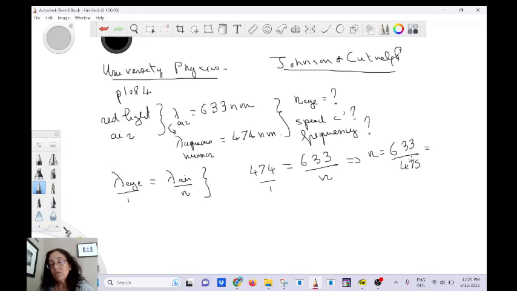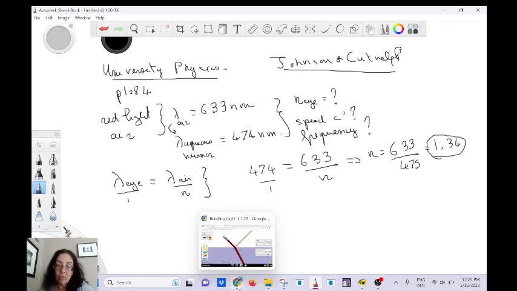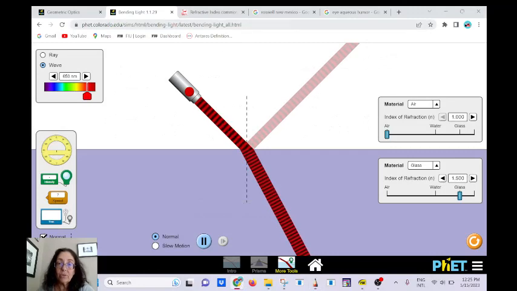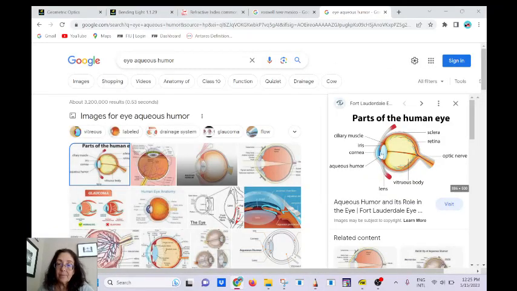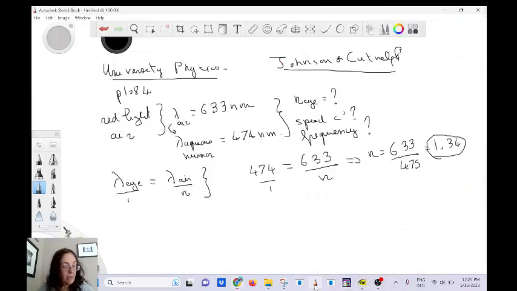That will be the factor by which the wavelength has been divided. And you get 1.34. So you see this liquid is very close to water. It's a very watery liquid, but that will be enough to do the refraction the eye needs.